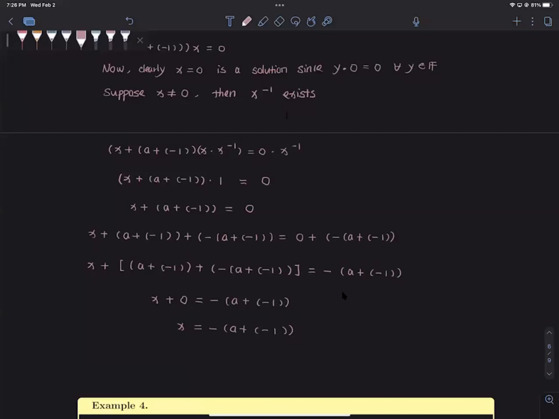You see? So I have two solutions for this. One is x equals 0, and the other is whatever we get here. The solutions are 0 and negative of (a plus -1). And we're done.